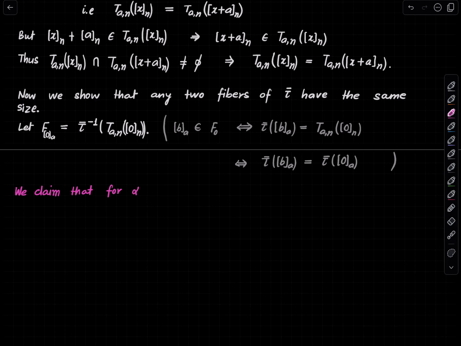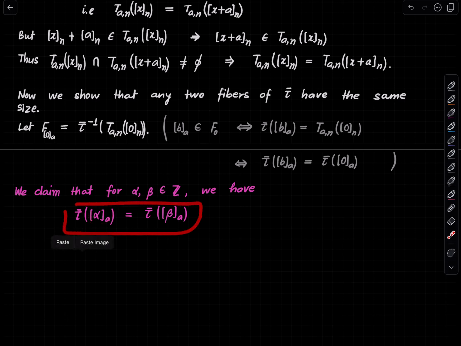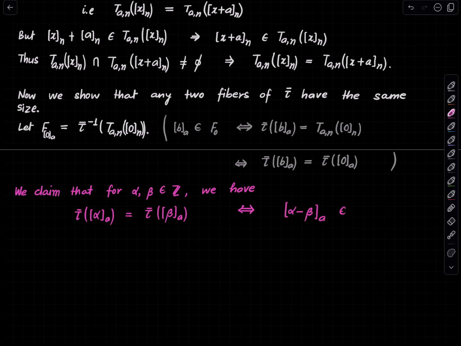For alpha and beta in Z, we have these two things in the same fiber of tau bar, meaning this equation holds, if and only if this lies in F0. Try to prove this pink thing yourself. First parse it, digest it, and then prove it before you look at what I'm going to say.